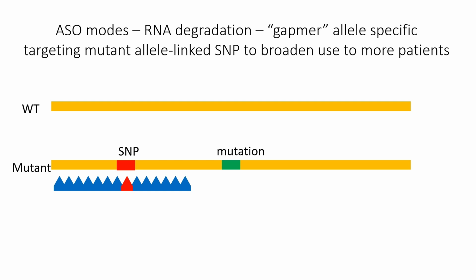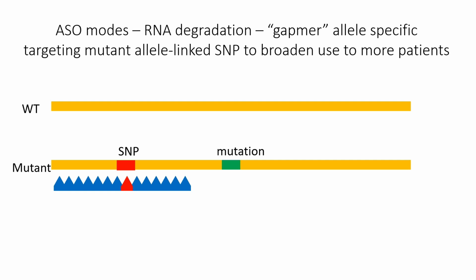You can target a common change in the RNA and DNA that's in phase, we call, with the mutation. So it's on the same copy of the gene. Remember, we have two copies of the gene, one from each parent, and the mutation resides on one of those in disorders like KCNQ2.